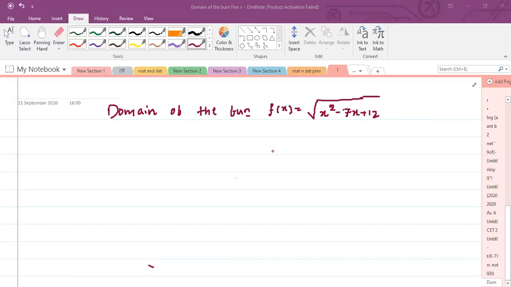I will not write the options here. You need to tell me the answer. Otherwise I will write the options. Okay, no problem.